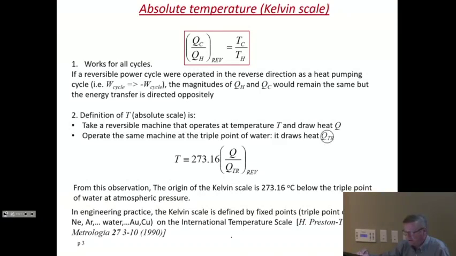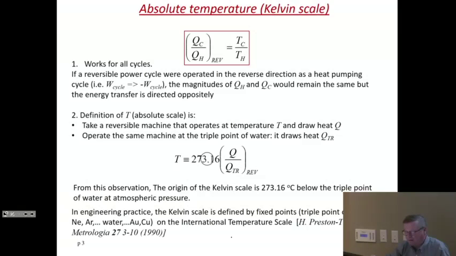And they observe that this machine draws an amount of heat Q triple point, so Q for the triple point of water. And then they notice that the heat of a machine that operates at another temperature scales vis-a-vis the heat that goes into a machine that operates at the triple point of water as T is 273 Q over Q triple point.